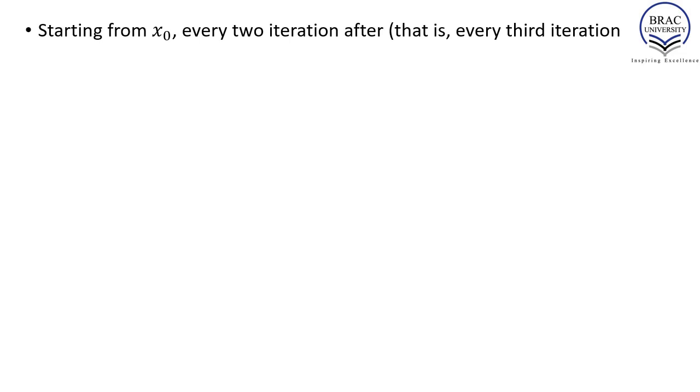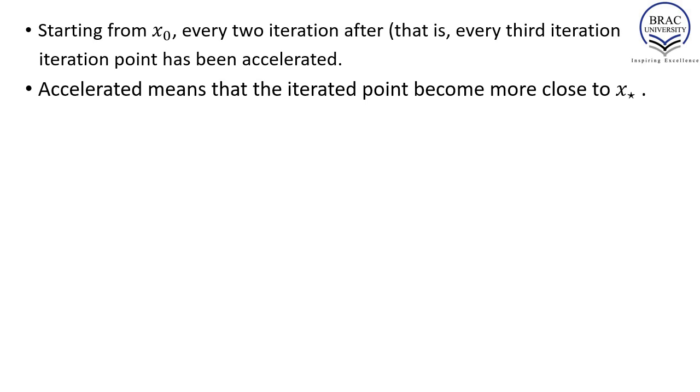Starting from x0, every two iterations after that, that is every third iteration point, we have an accelerated value. Accelerated means that the iterated point becomes closer to the root x star.